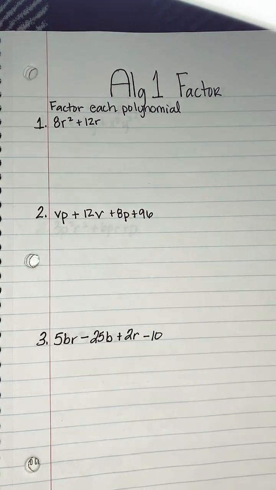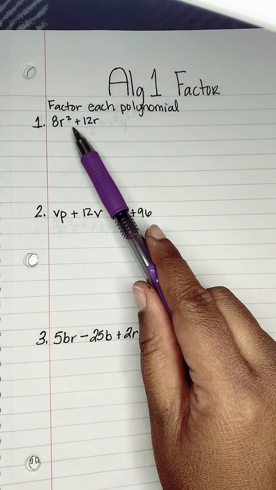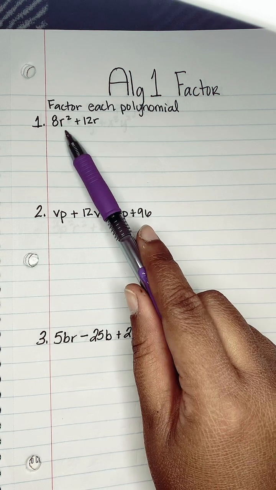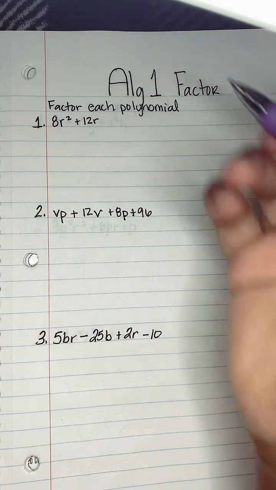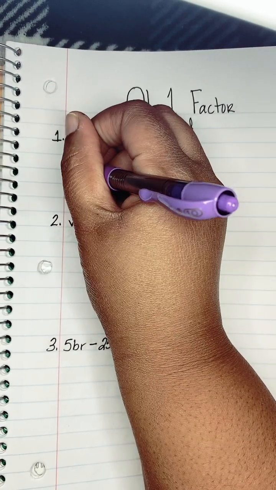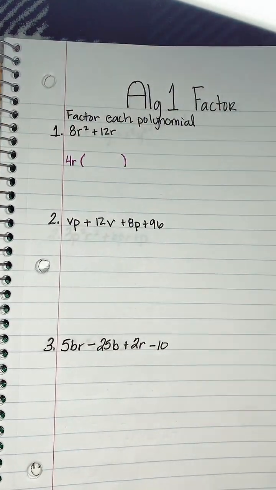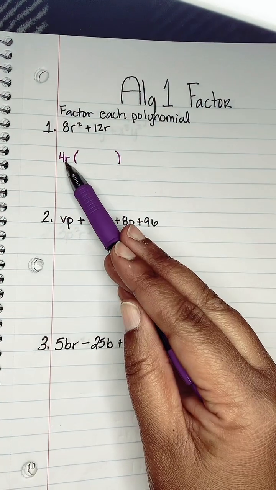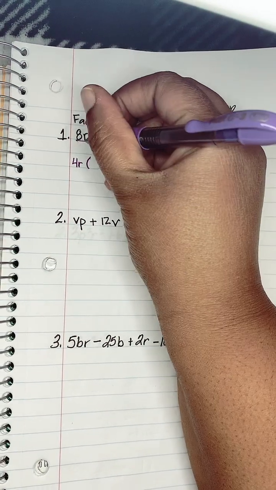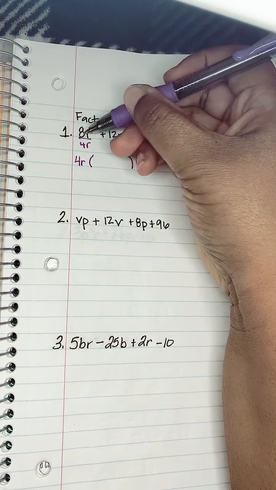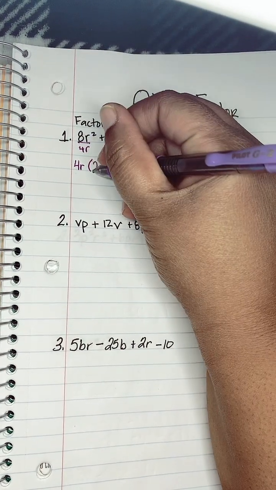Okay, so number one, what can we factor out? What can we pull out of this? 4R. Beautiful. So we're going to pull out 4R. If we pull out 4R, remember we're asking ourselves, 4R times what gives us 8R squared? If you can't see that, put it underneath it. 8 divided by 4 is 2.